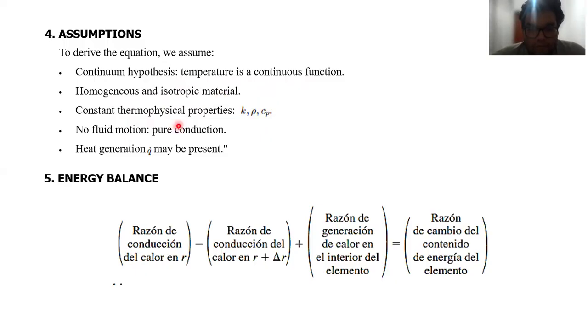We have constant thermophysical properties like conductivity, mass density, and Cp, the specific heat at constant pressure. We also assume no fluid motion. There is no motion of the fluid. We are in pure conduction, and maybe some heat generation may be present.